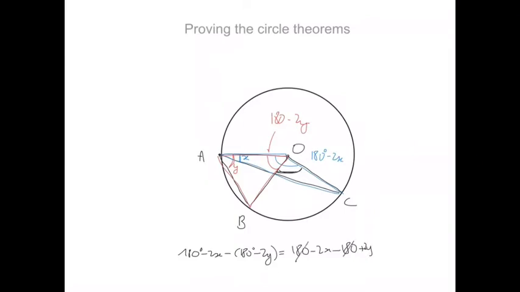The 180s cancel out, and we end up with 2y minus 2x, which is twice (y minus x). And you can see that this angle here, y minus x, is the blue angle subtracted from the red one. So it's actually the angle here at the circumference. And we've shown that the angle at the center is twice the angle at the circumference. So the same result is still holding.